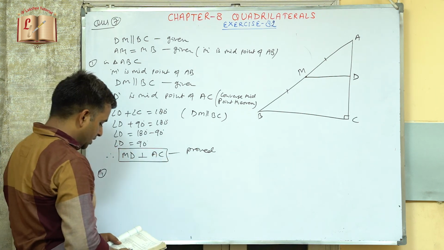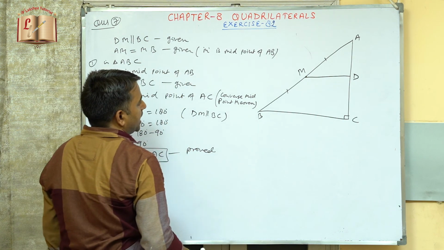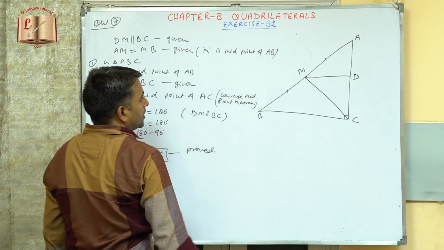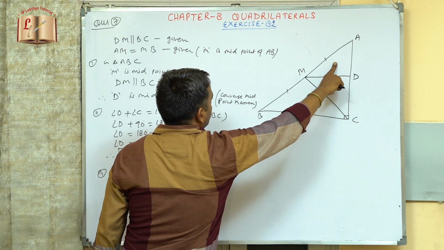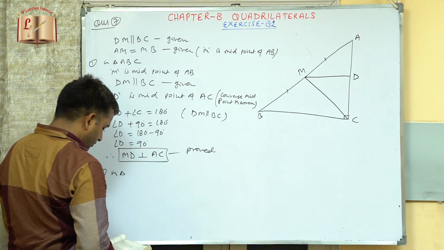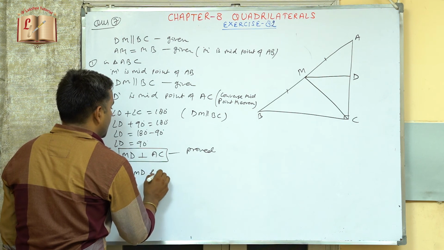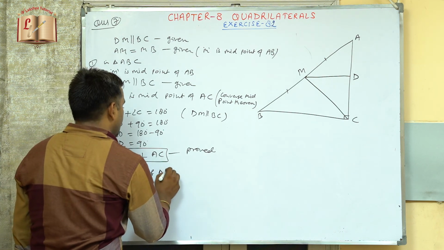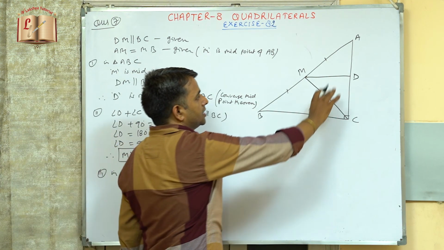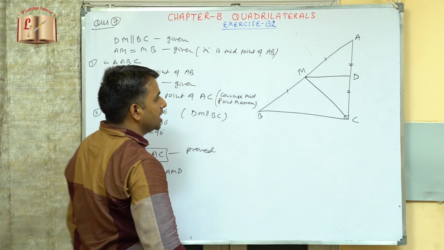So now coming to the third part, CM. Now we need to prove that CM, this side, is half of AB. Now we need to prove the congruency of these two triangles. So in triangle CMD and triangle AMD, this side is equal to this side because D is the midpoint, we have already proved.